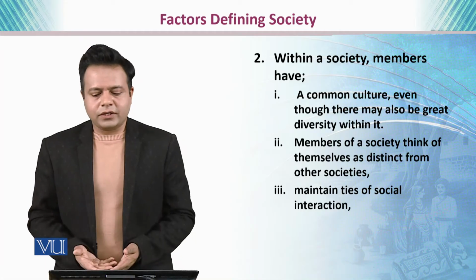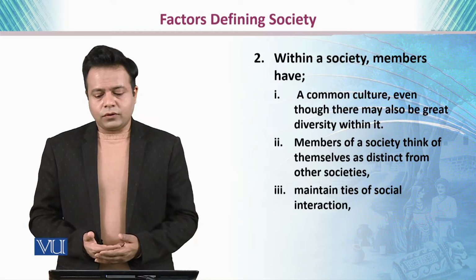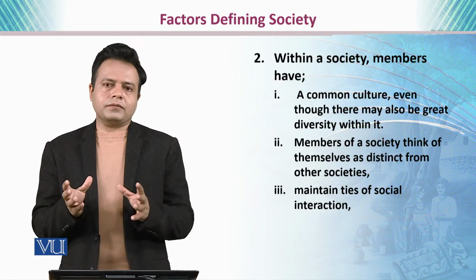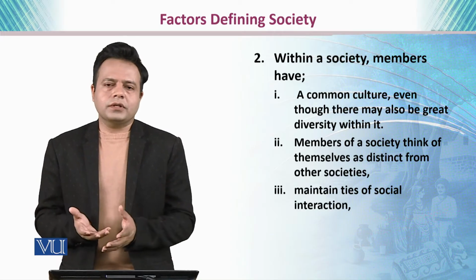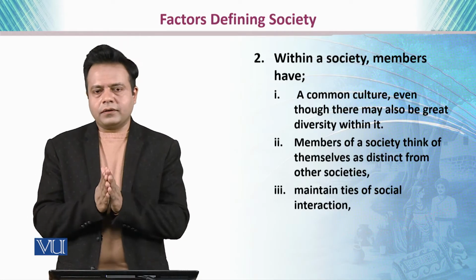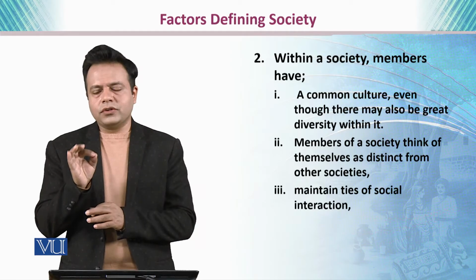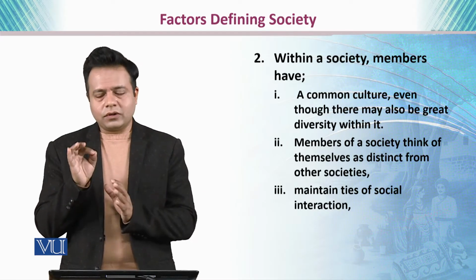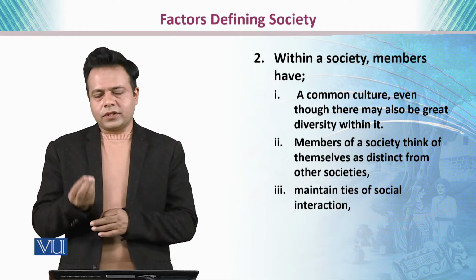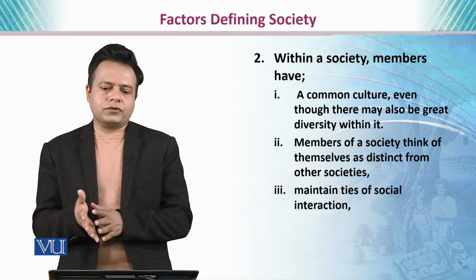Within society, members have a common culture, even though there may also be great diversity within it. Still, some loosely defined cultural terms or norms do exist that can define that collective identity, or the collective sense of identity, which can produce a distinctive society.